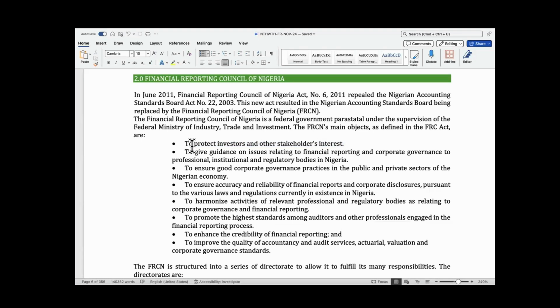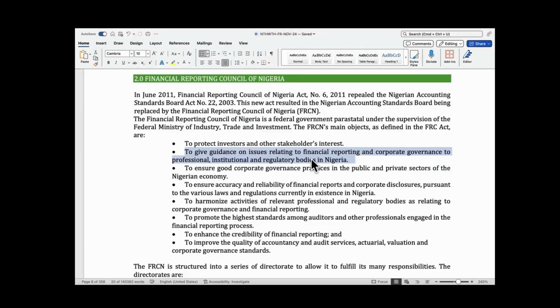And in order to do this first point very well, that takes us to their second objective, which is to teach professionals and companies on issues. So they give guidance on issues relating to financial reporting and corporate governance to professional, institutional, and regulatory bodies in Nigeria.